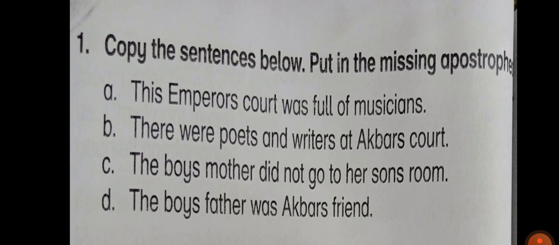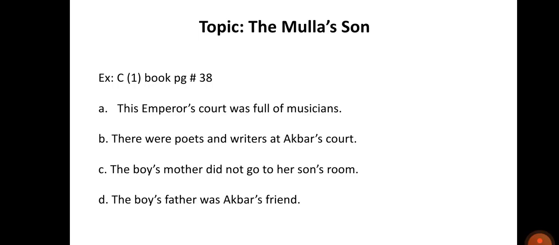We have to add apostrophe in boy and also in Akbar. That's why we have added apostrophe in both of these places. So students, you all have to write down these four sentences in your English grammar copy. We just have to add apostrophe wherever it's missing.